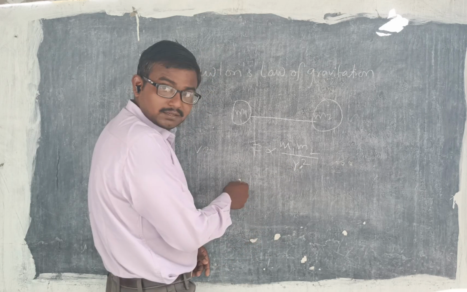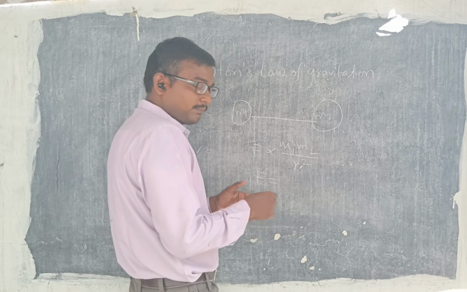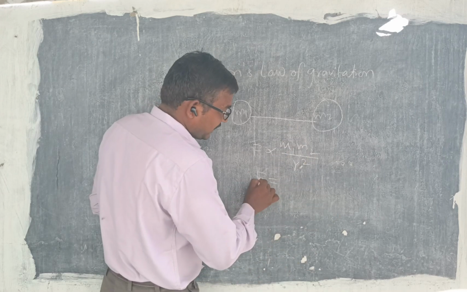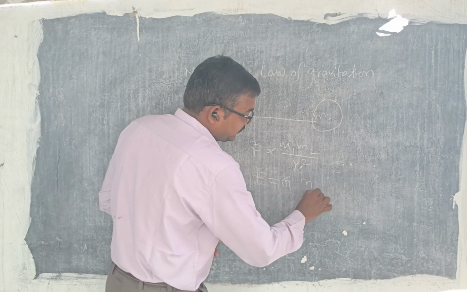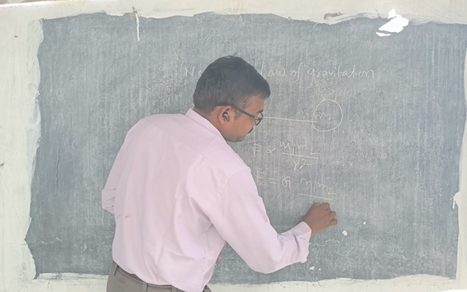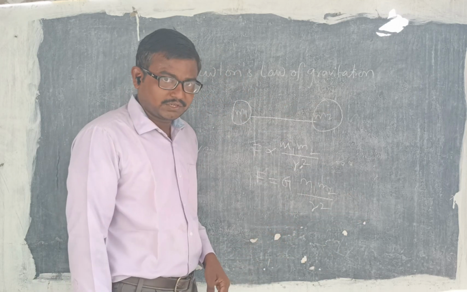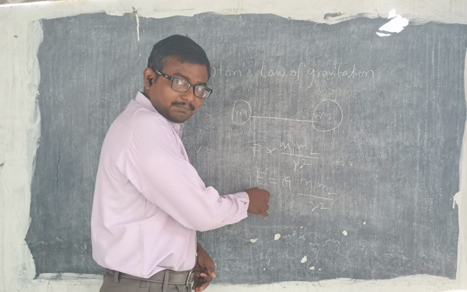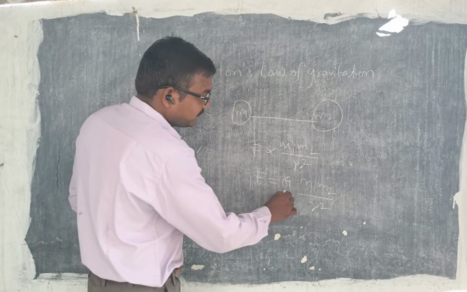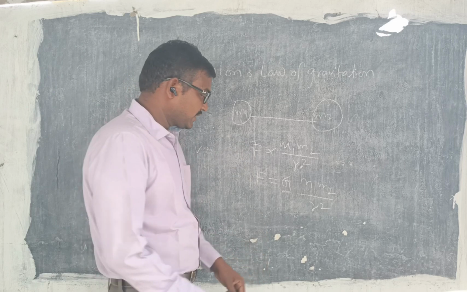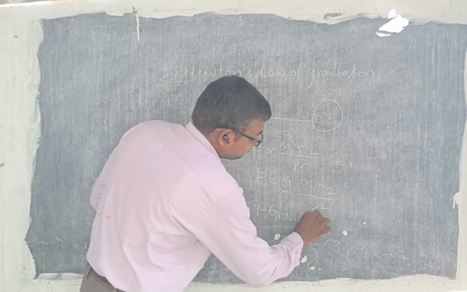So here we introduce a constant by removing proportionality. F equal to capital G into M1 M2 by R square. So this is Newton's law of gravitation. Capital G is the gravitational constant.